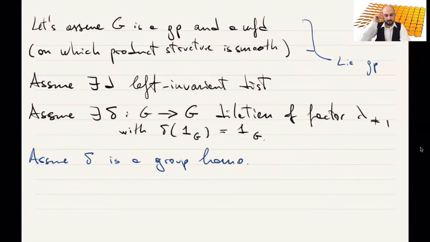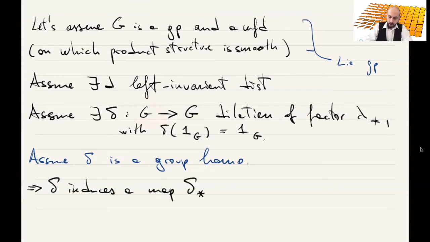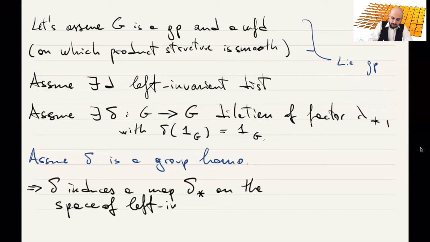Now, if you're in this setting, then the map delta behaves well on the space of left invariant vector fields on G. So delta induces a map, called delta star, on the space of left invariant vector fields.